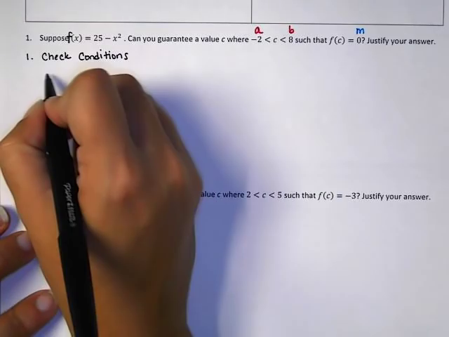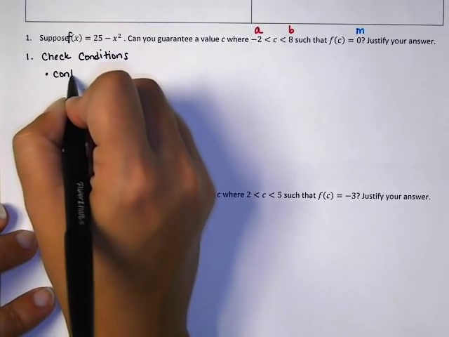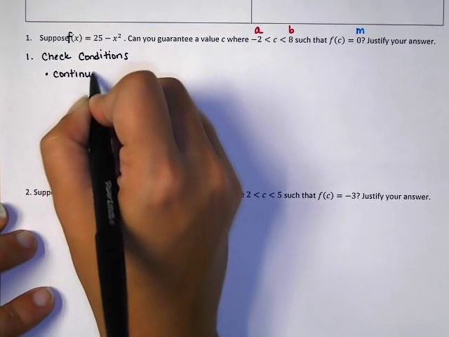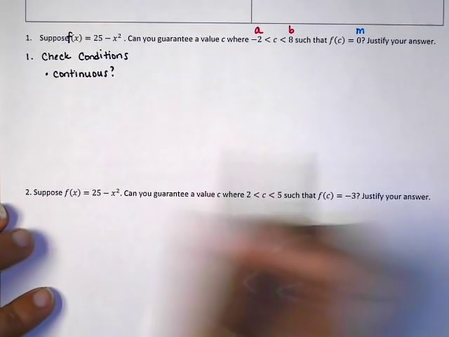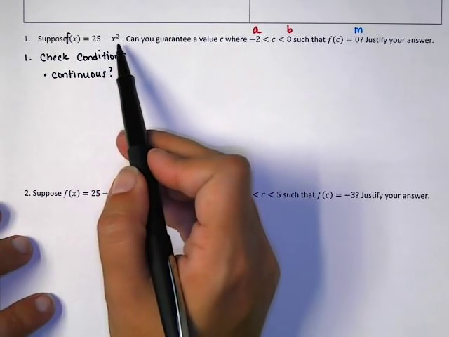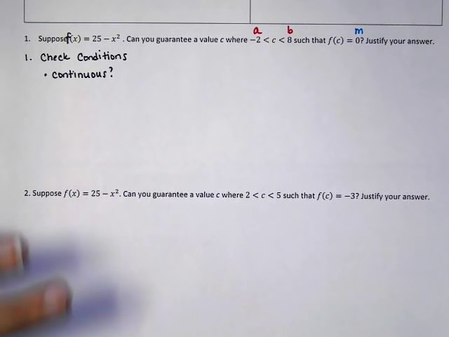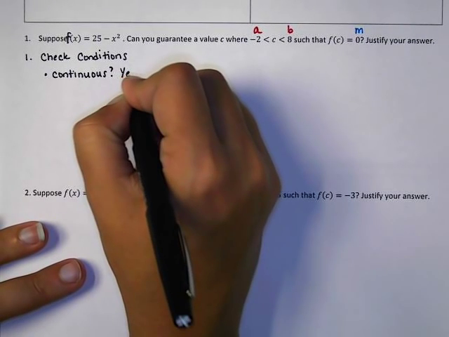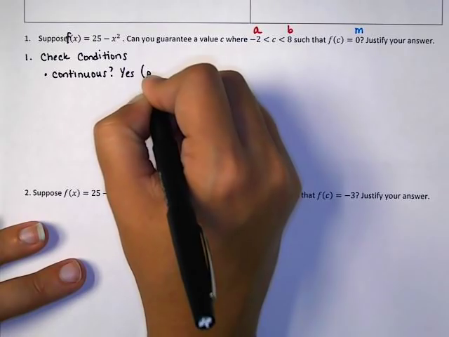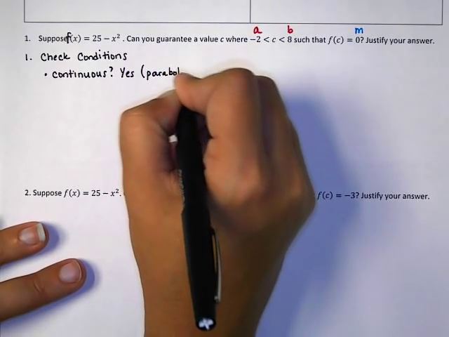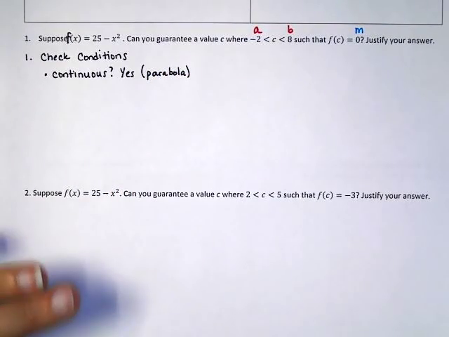So we need to check to see if we are continuous. Since f of x is equal to 25 minus x squared, which is just a parabola, I can say yes, we are continuous because this is a parabola. So it's continuous everywhere.